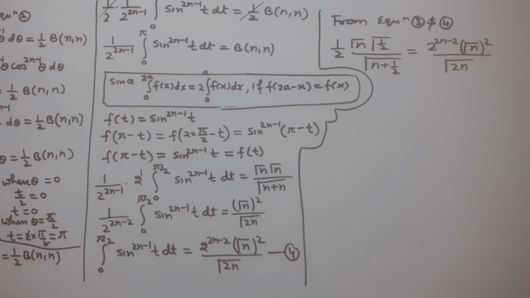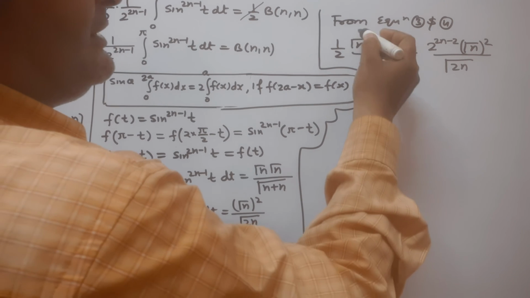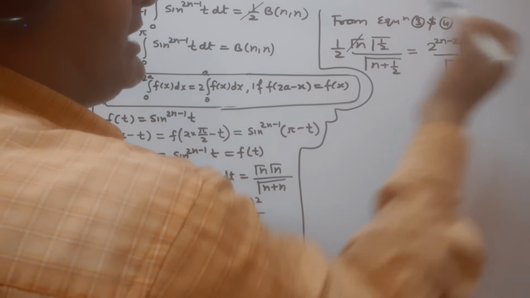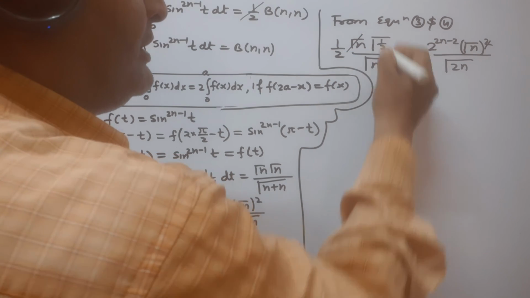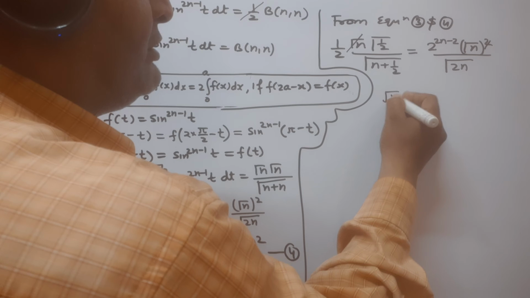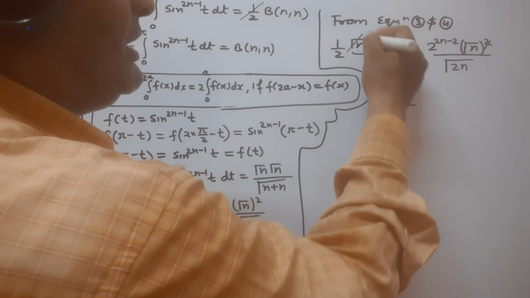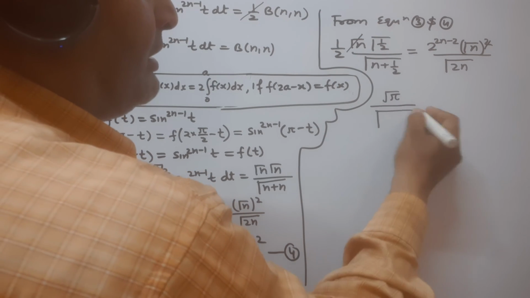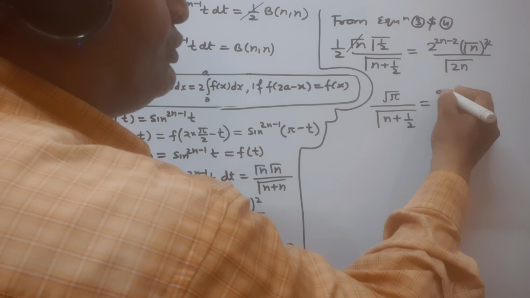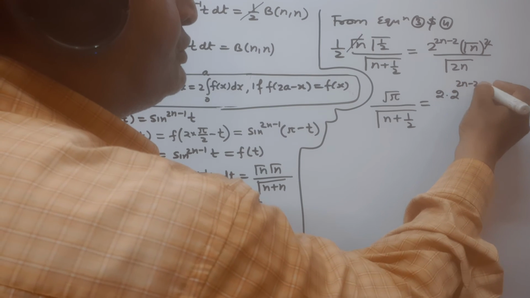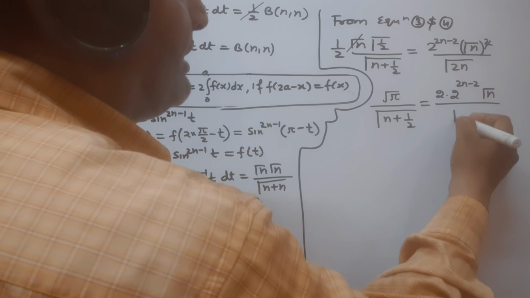So solving this equation, we can see here this gamma n cancels with this square, and this 2 multiplies on the right hand side. This gamma 1 by 2 can be written as root pi, because the value of gamma 1 by 2 is equal to root pi, upon gamma n plus 1 by 2, and this 2 multiplied on the right hand side, so 2 multiplied by 2 to the power 2n minus 2, and gamma n divided by gamma 2n.